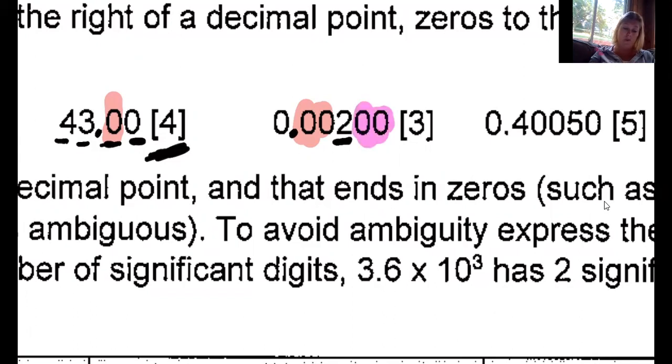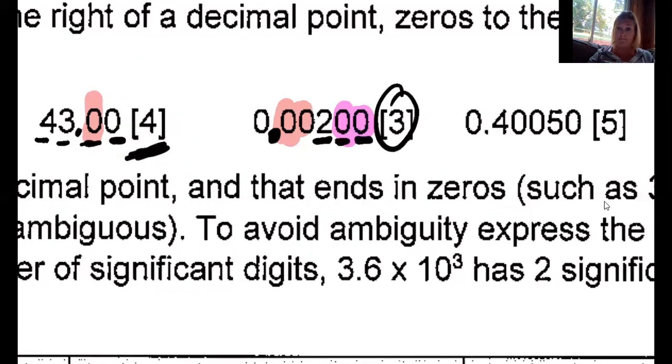Our rule is: is there a decimal? Yes. Are the last digits zeros? Yes. So therefore, this last zero counts. Now what about that other pink zero that I've highlighted? This one would also count because now it's sandwiched. So the answer for this one is 3 significant digits.